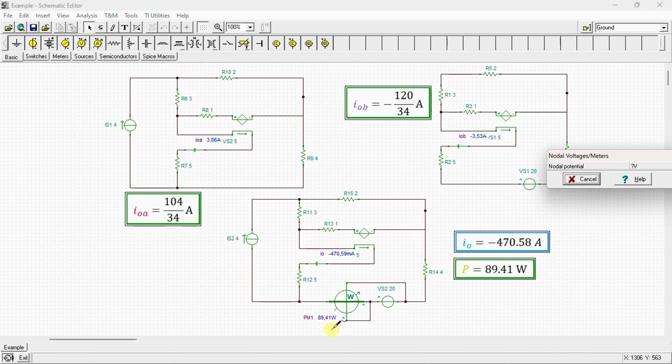The power supplied by the voltage source Vs is equal to 89.41 watts, also similar to the value we found by calculation. After completing the circuit simulation, we can clearly observe the similarity between the simulation and the calculation results. This serves as validation of our work.